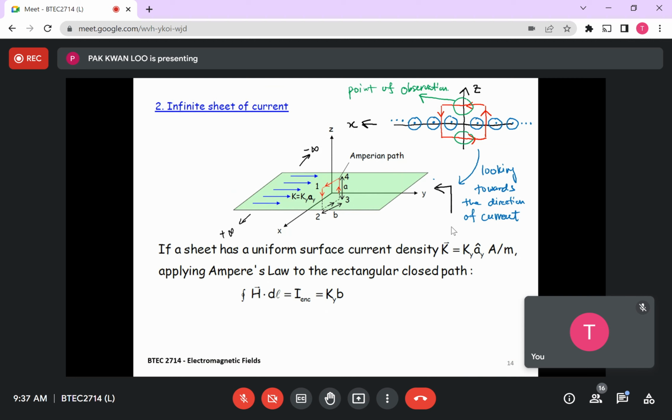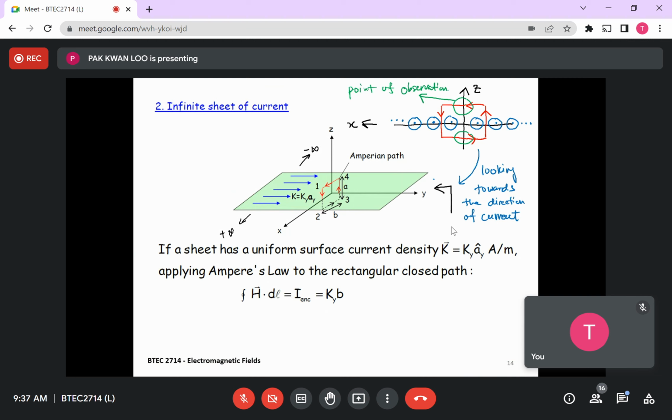If my point of observation is close enough to the surface current, then even though I have always emphasized there's no such thing as infinite structures or an infinite surface, it always refers to the point of observation.